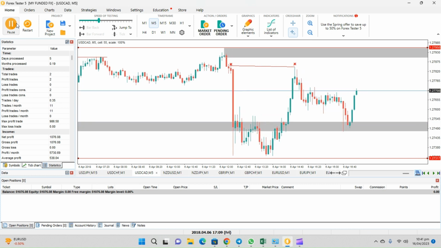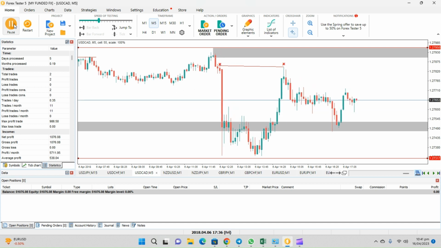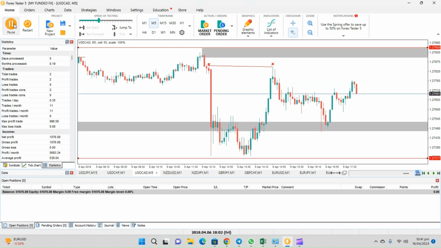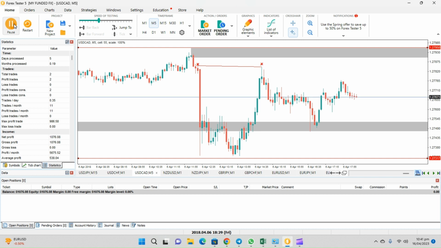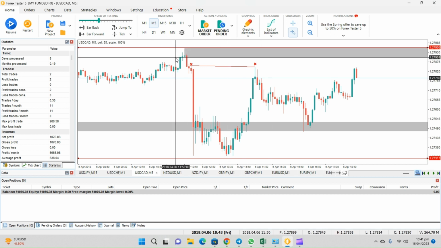Apparently it doesn't seem like it wants to come to our level. We continue to watch it. It's coming to our level right there. Okay, nice push. And then remember, let's see how much our risk is going to be.